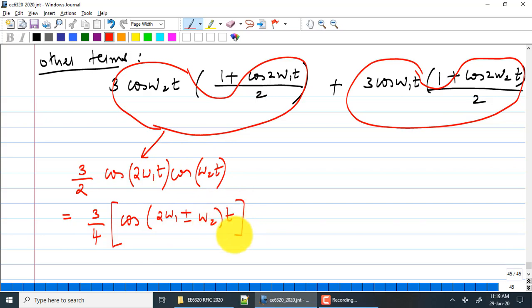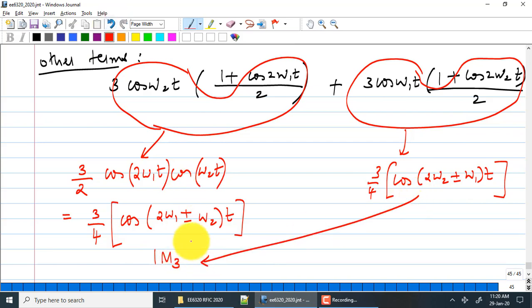Okay. What does this give me? 3 by 4 cos of 2 omega 2 plus or minus omega 1. Make sense? What are these guys here? These are IM3 components.